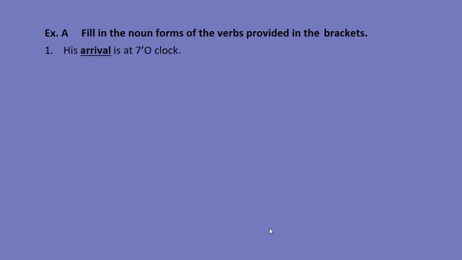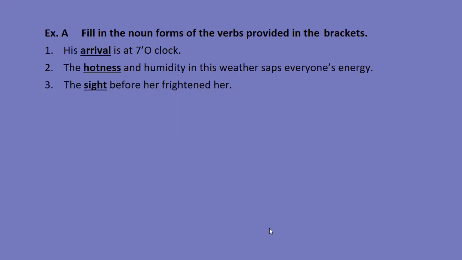Here we have changed arrive into arrival. You will see, his arrival is at 7 o'clock. Here we have changed hot into hotness, and the answer is: the hotness and humidity in this weather saps everyone's energy. So we will see all the noun forms in bold and underlined form in the sentences.